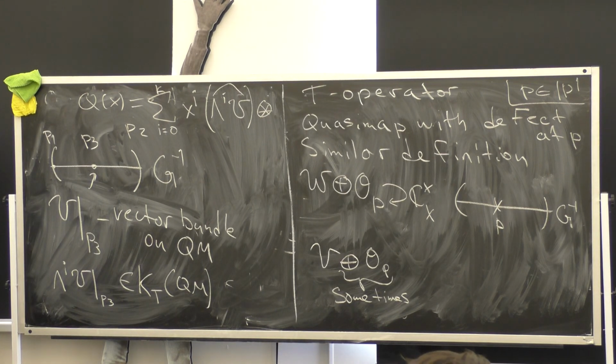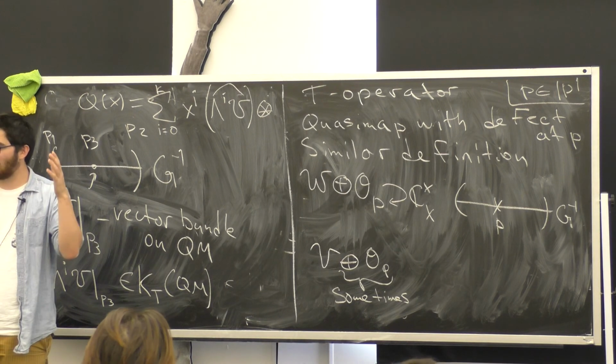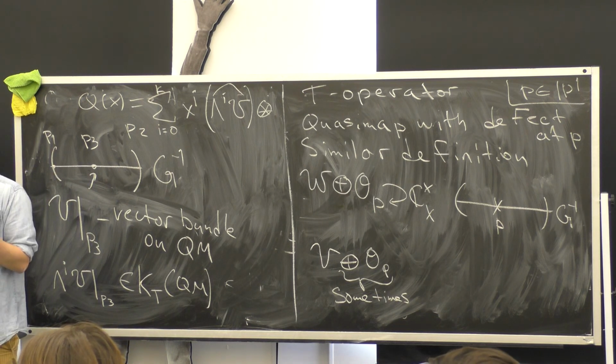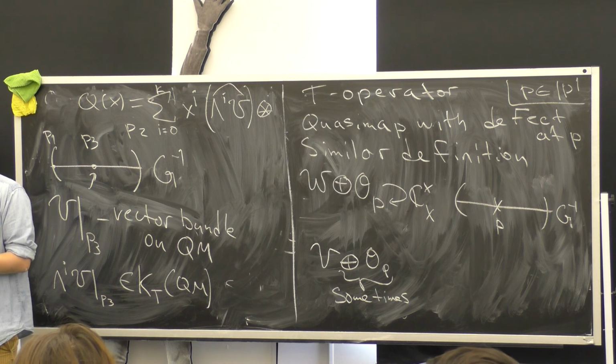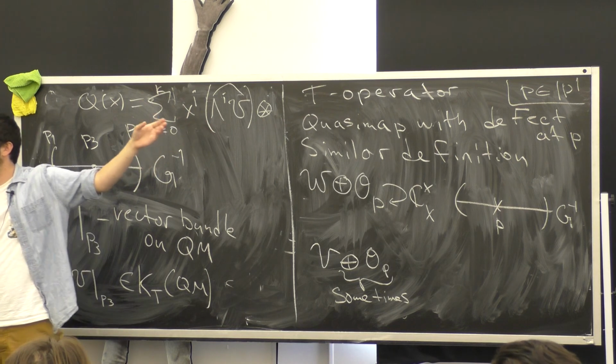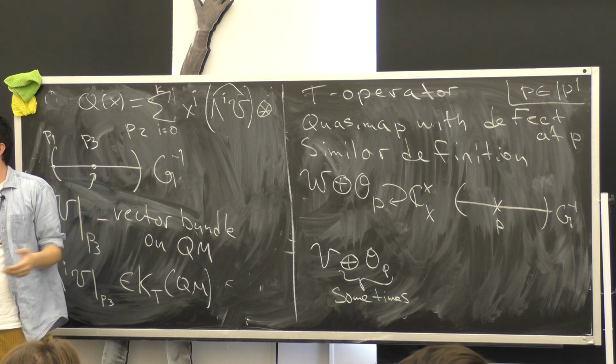There's a bunch of Q operators. There's a lot you can do, but I believe it should be generalizable to SLN because the geometric definition of the T operator is just given to you immediately.